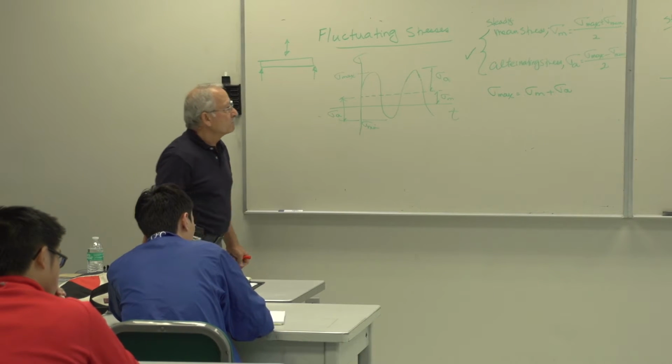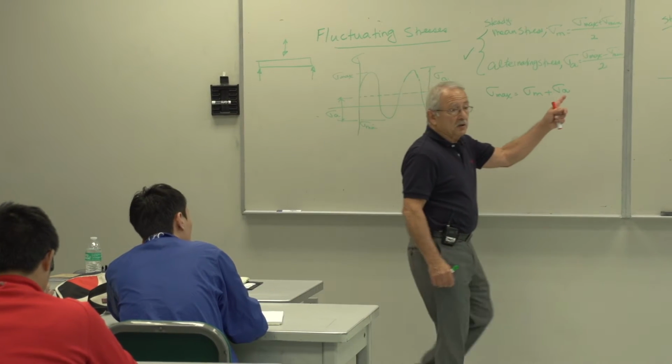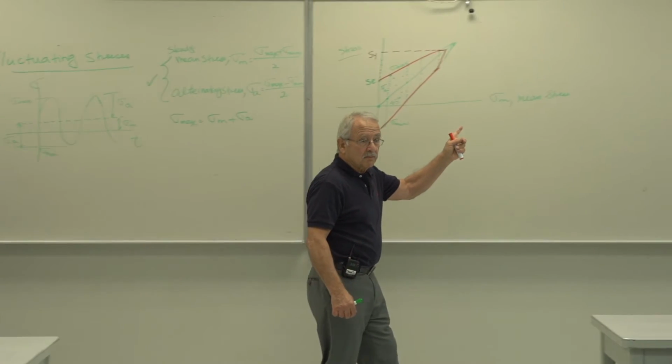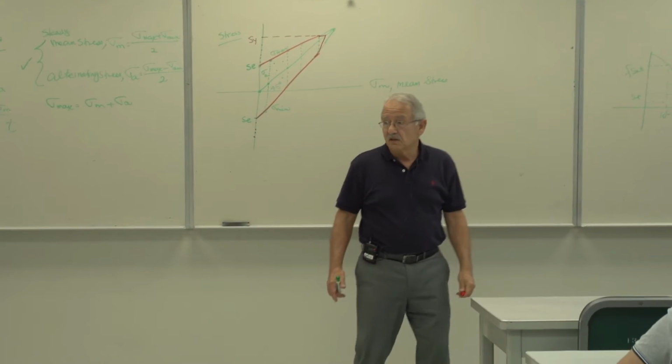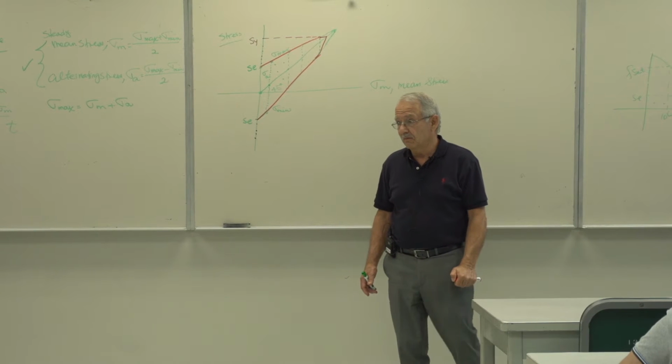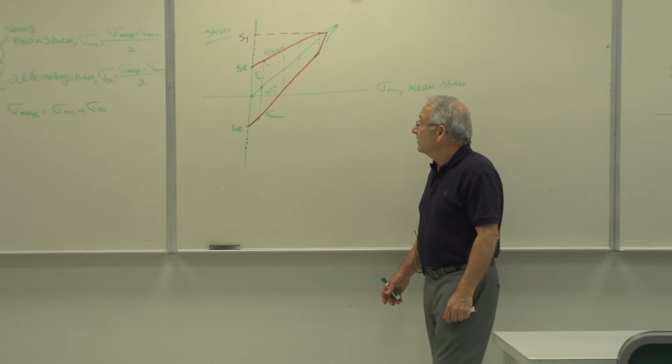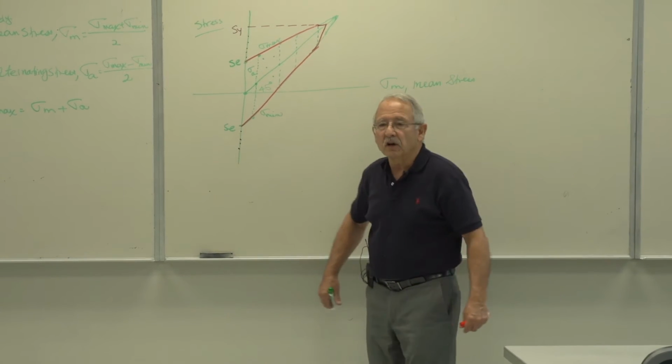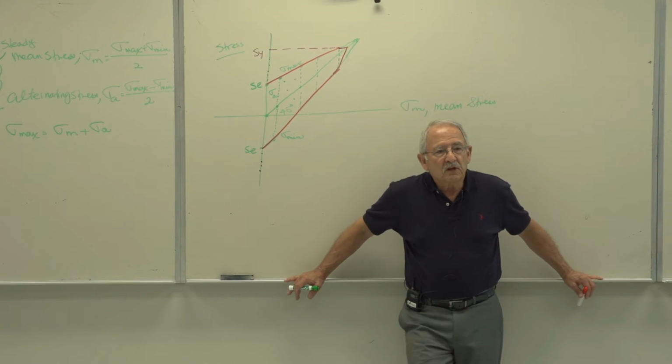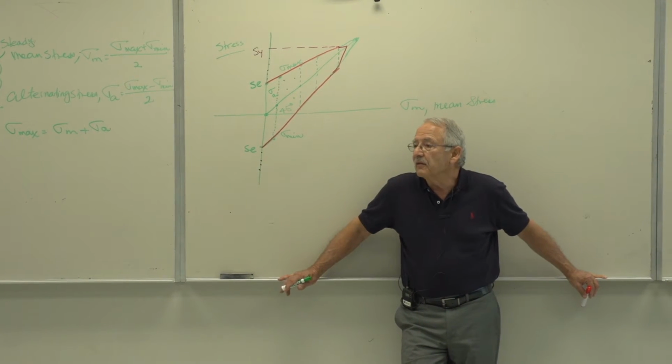Now, that's good for 10 to the 6. What if I don't want 10 to the 6? I want 10 to the 5. Then how would I change this diagram to make this applicable for a life of 10 to the 5?